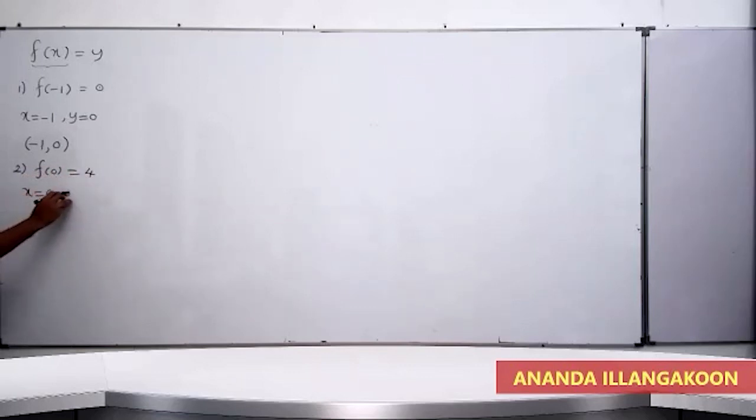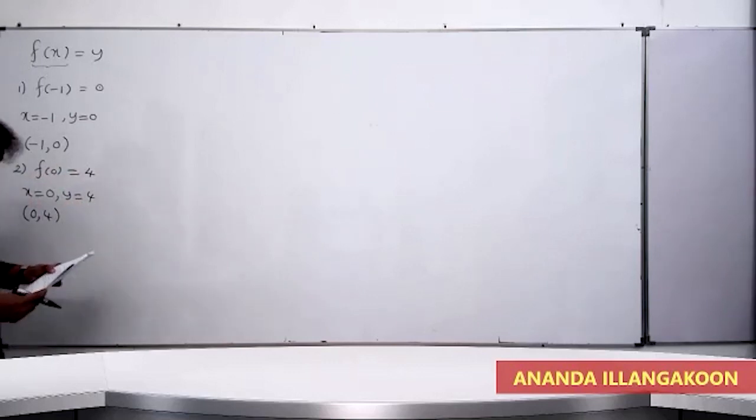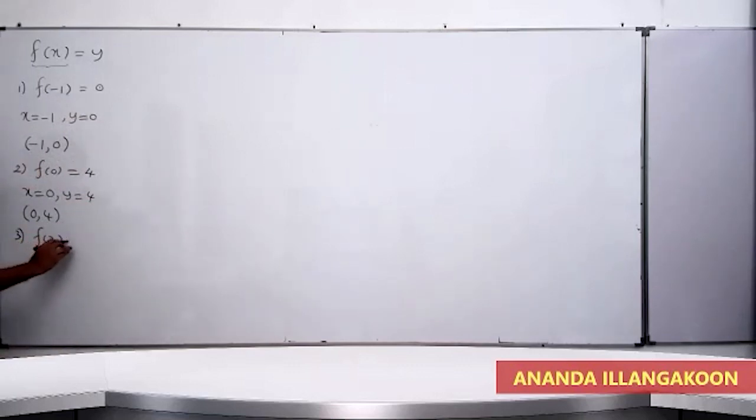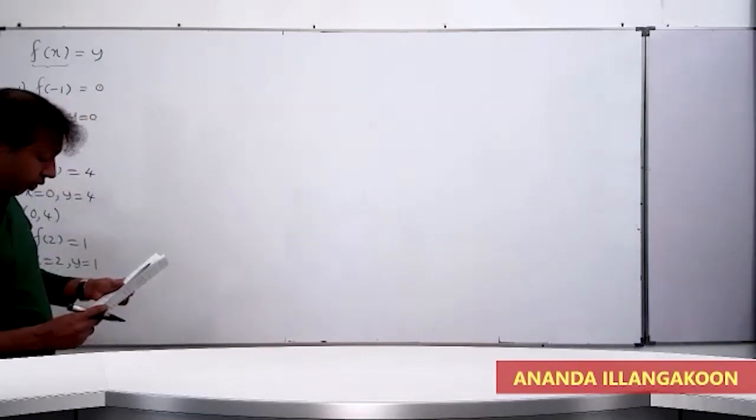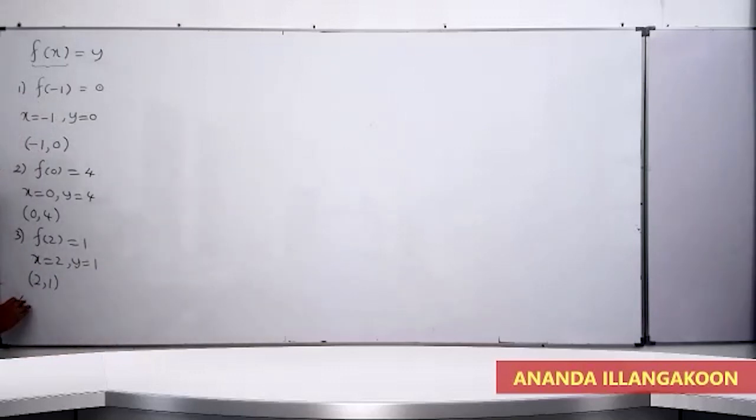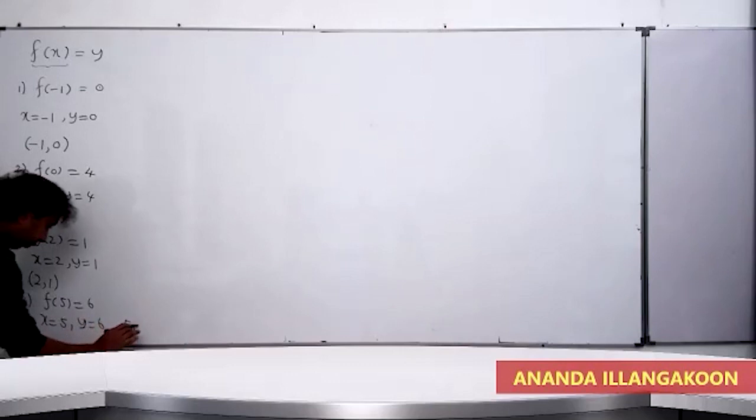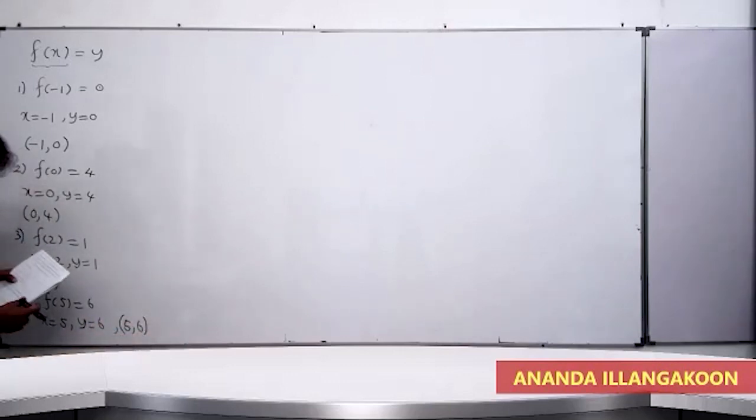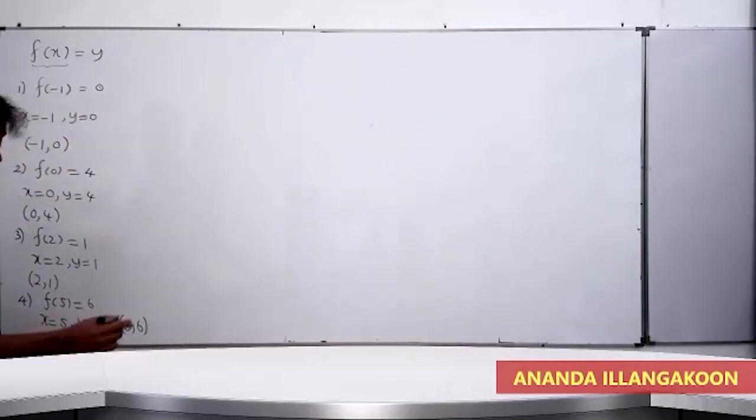When x equals 0, y is 4. (0, 4). f of 2 equals 1 means, people, when x equals 2, y equals 1. (2, 1). f of 5 is 6. x equals 5, y is 6. Right, now we got it. Next one.